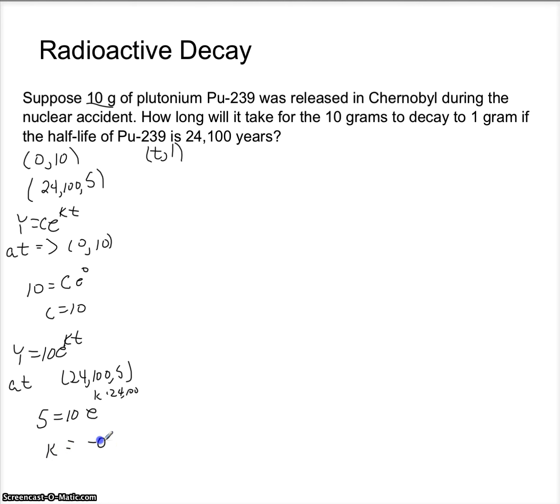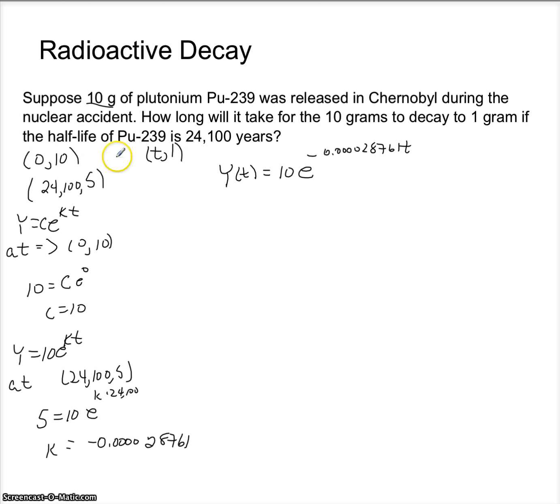That's all right. It's negative 0.000028761. Now carry all these extra digits along. So my formula is y of t is equal to 10 e to the minus 0.000028761t.